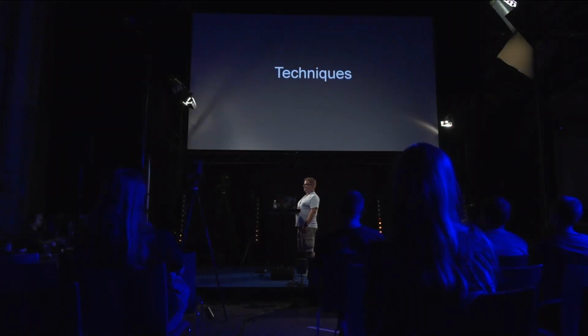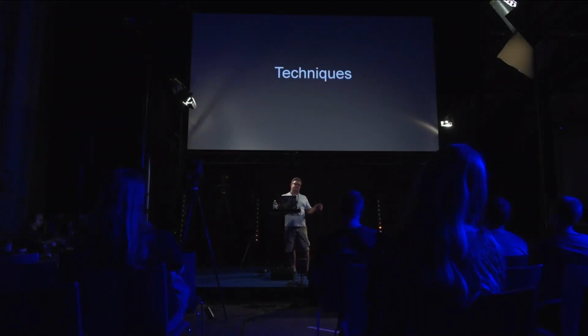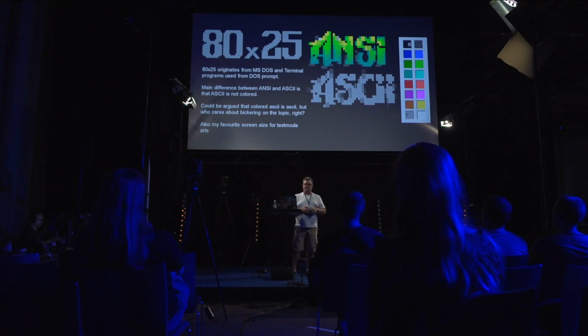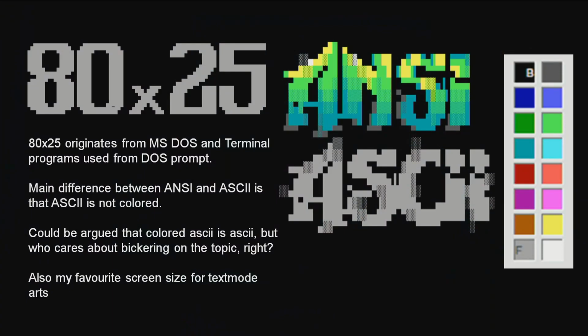The techniques that are used are pretty much PC ASCII, which is called block ASCII, and PC ANSI and so on, and Amiga ASCII these days. The things worth mentioning are the 80 by 25, which is the default resolution, so to say, of the MS-DOS prompt.